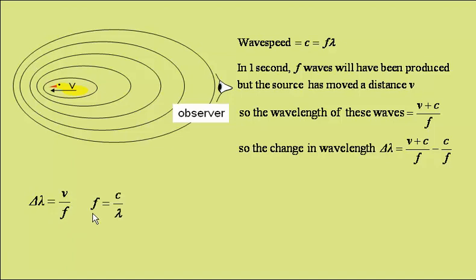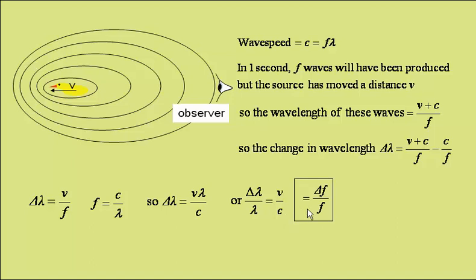We also know that frequency is equal to wave speed over wavelength, and so we can substitute in here to get that the change in wavelength is equal to the speed of the object multiplied by the original wavelength over the wave speed. Rearranging again, we get the change in wavelength over the original wavelength is equal to the speed of the object over the wave speed.